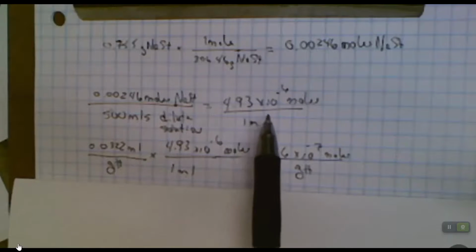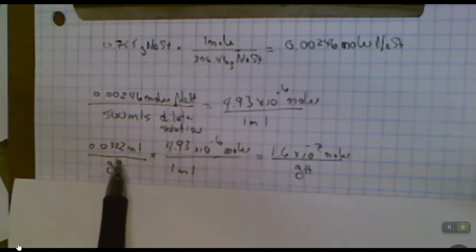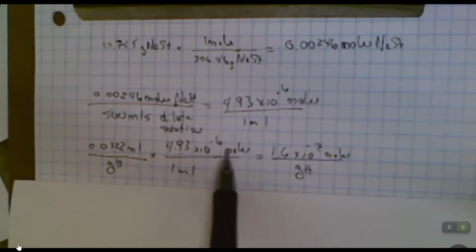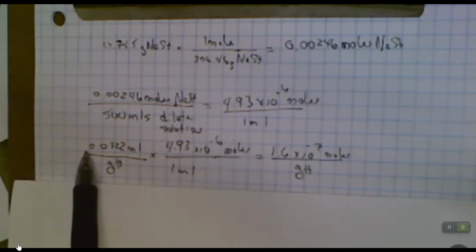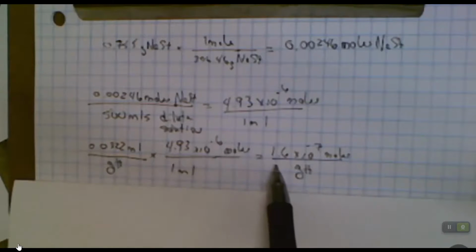Now my concentration, I determined I had 4.93 times 10 to the negative 6 moles in each milliliter. So I can now say that for every 1 milliliter, I have 4.93 times 10 to the negative 6 moles. And so if I take the volume of my drop times the number of moles, that will give me the number of moles in each drop.